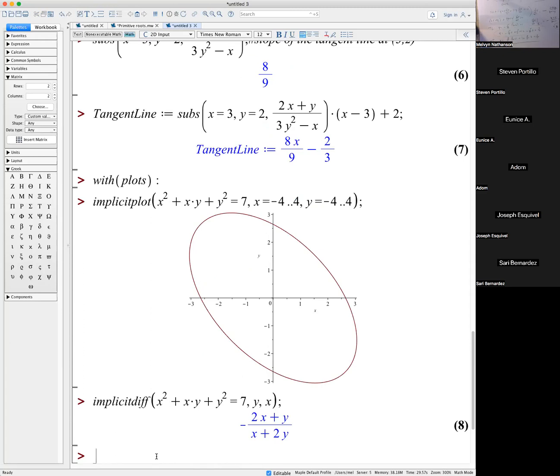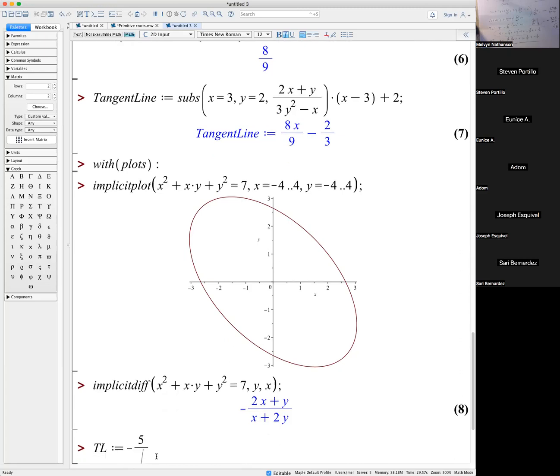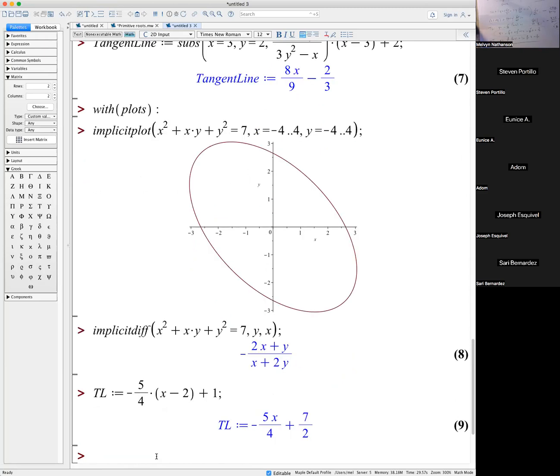And the tangent line should be what? Well, at x equal 2 and y equal 1, my slope is minus 5/4, times (x minus 2) plus 1, which is minus 5/4 x plus 7/2, just what I got.